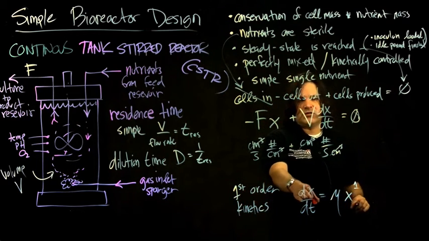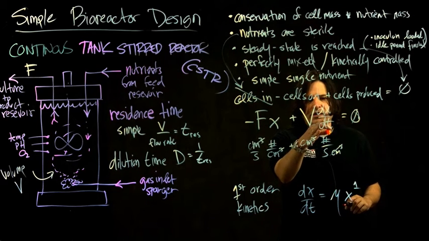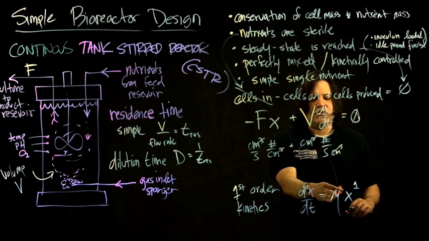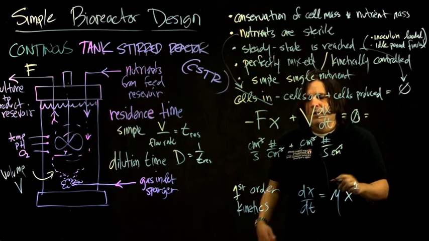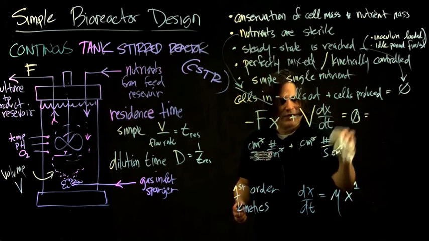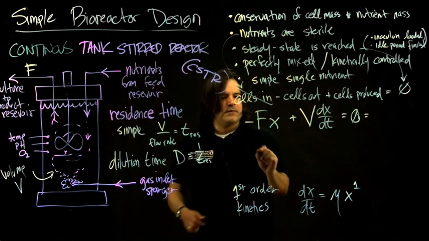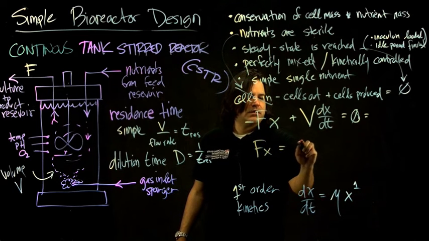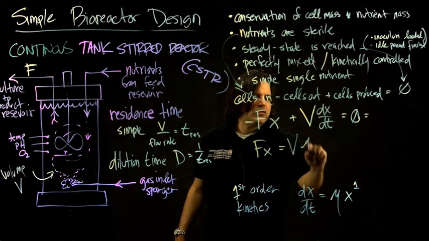So going back to this first order, we can plug in our definition of the time rate of change. If it's first order kinetics, it's related to this rate coefficient and the concentration. So we have Fx equals V mu x.